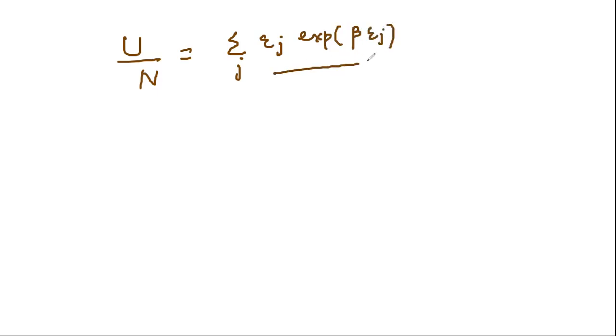over summation j exponential of beta epsilon_j. Let me check it. Summation j epsilon_j exponential beta epsilon_j over summation j exponential beta epsilon_j.